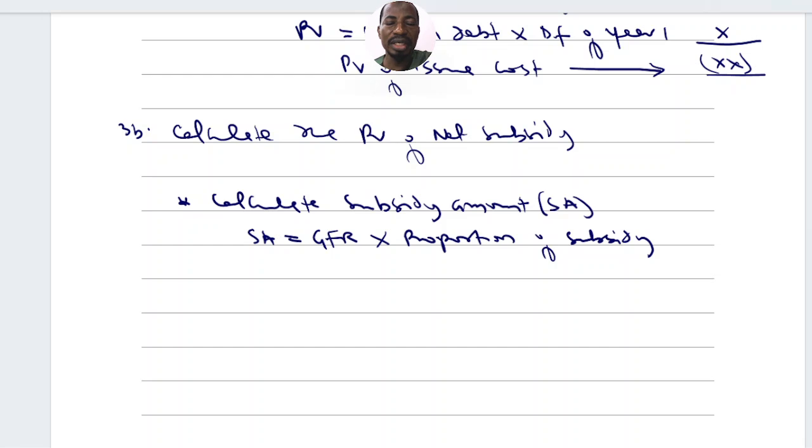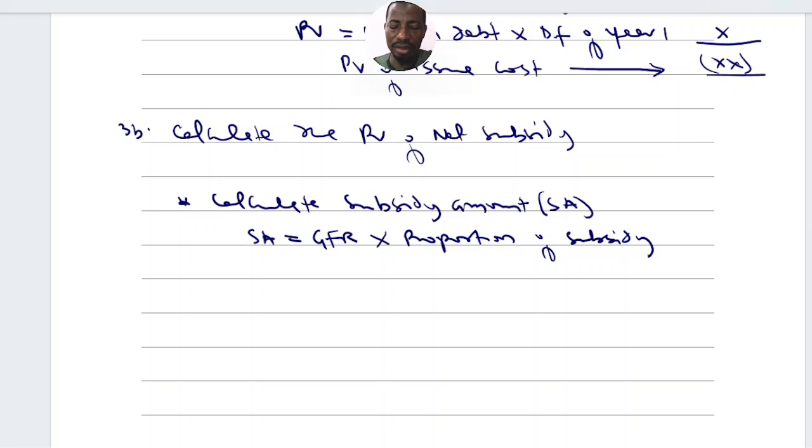So if 30% is for subsidy, it means that the balance of 70% is for normal borrowing. If you are told that 70% is for subsidy, it means that the balance of 30% is for normal borrowing. So, of course, the proportion of how the financing is done will be given to you. All right, so that's that.